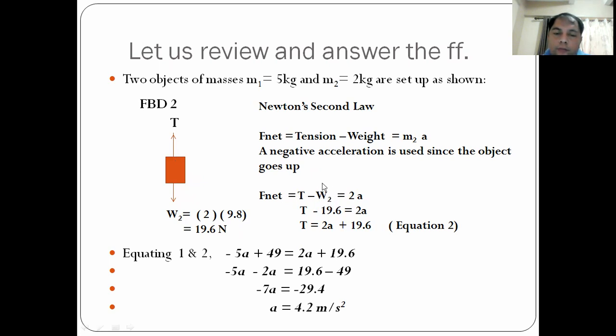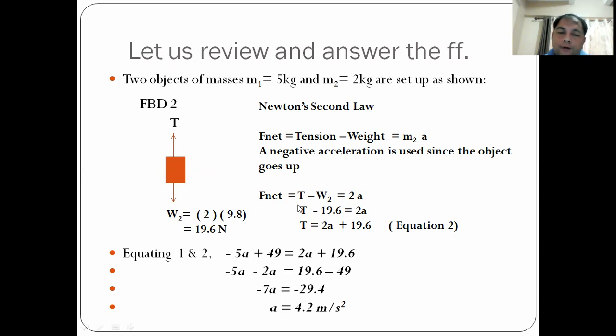This T minus W2 represents the net force, which equals mass 2 times acceleration. The acceleration on this side, for the 2 kilogram mass, is going upward, so we will assign the direction of a to be positive since it's moving up.